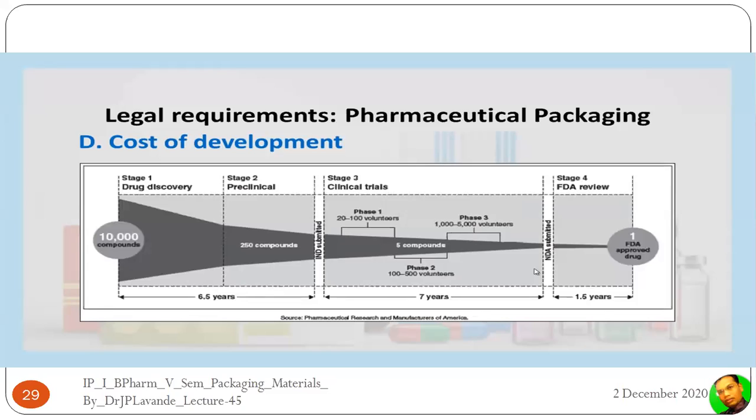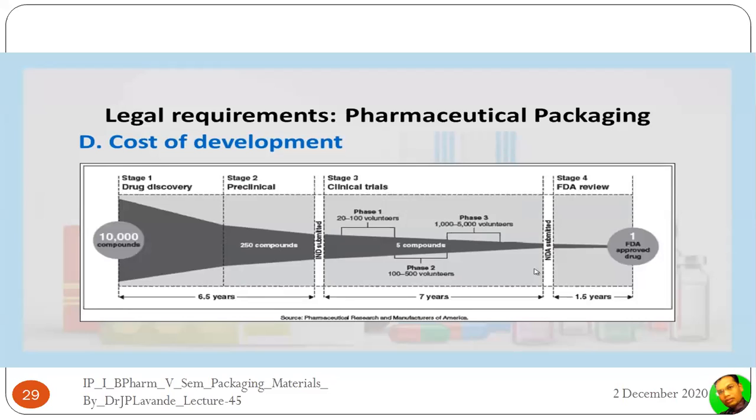So the whole process is around 10 to 13 years, and throughout all this we will sometimes get a single product, a single molecule, a single discovered drug, or sometimes even that may not be obtained.